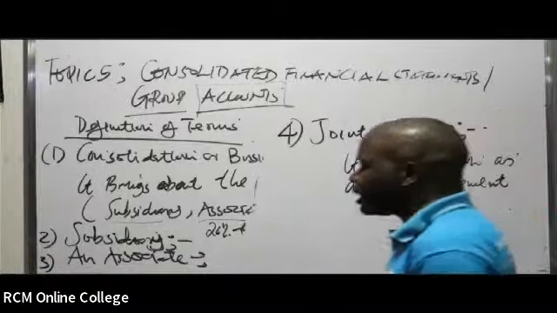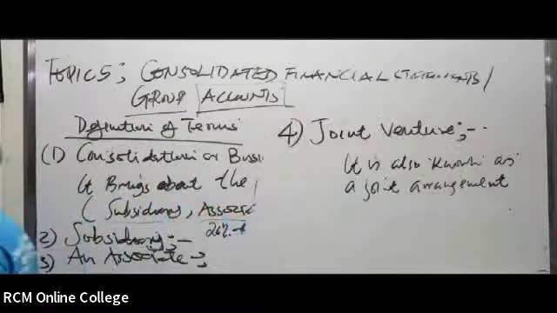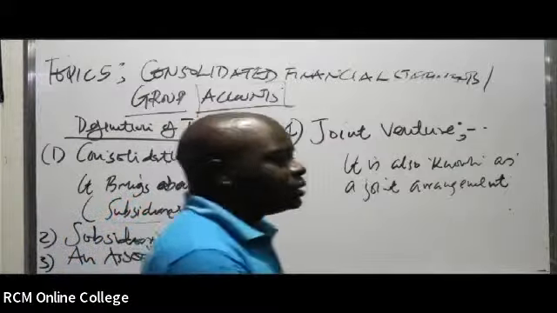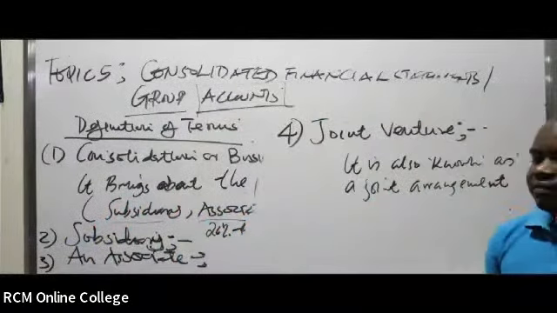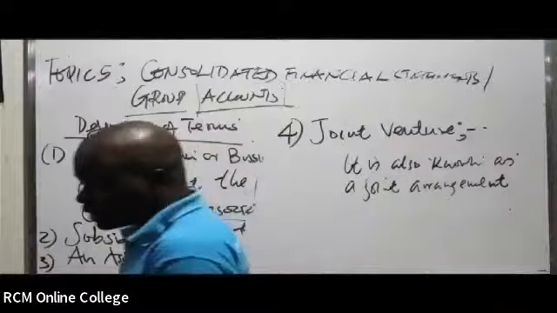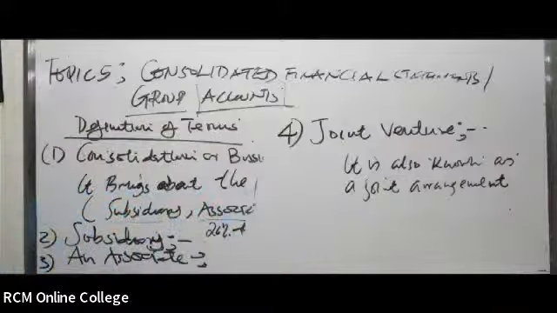Exactly 50% brings about a joint arrangement, or a joint venture. That other company in which shares have been acquired will be referred to as a joint venture.